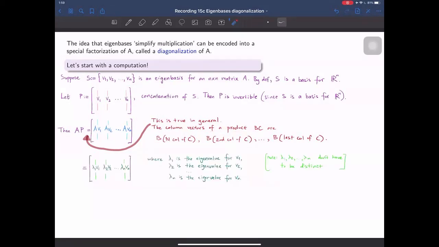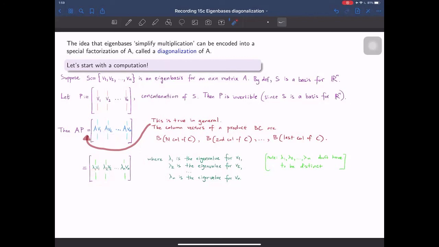But remember that S is an eigenbasis for A. So each of these vectors is an eigenvector for A. That means A times V1 is equal to some number times V1. And A times V2 is equal to some number times V2.